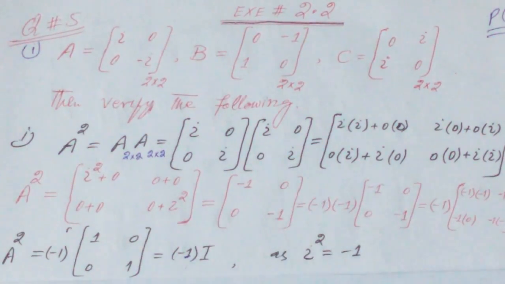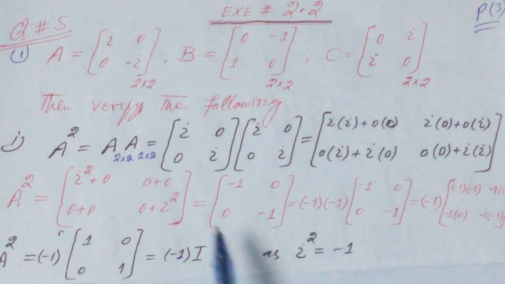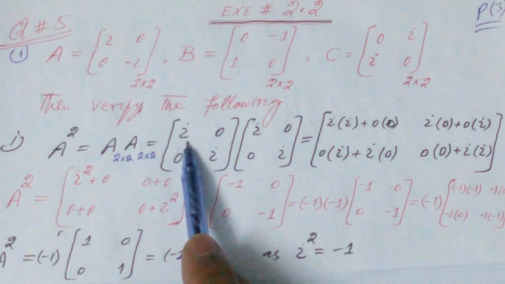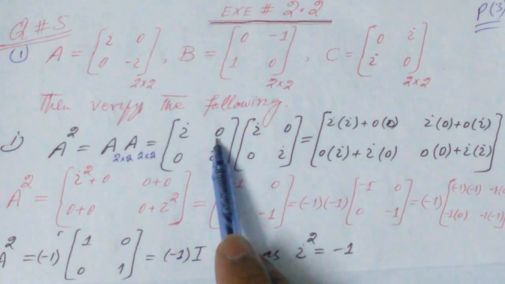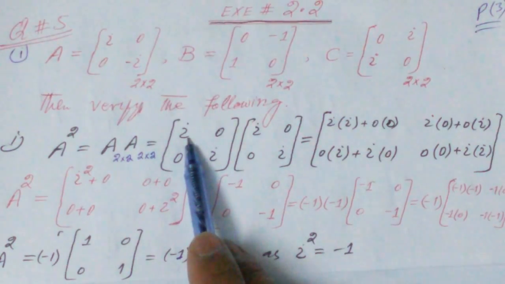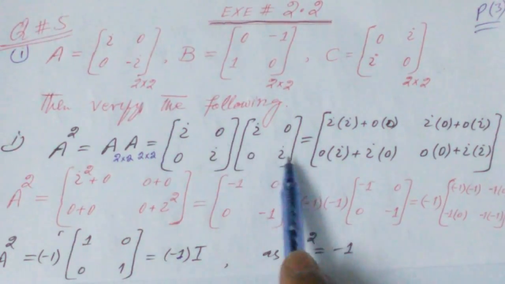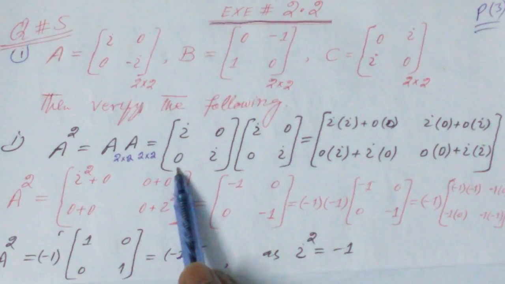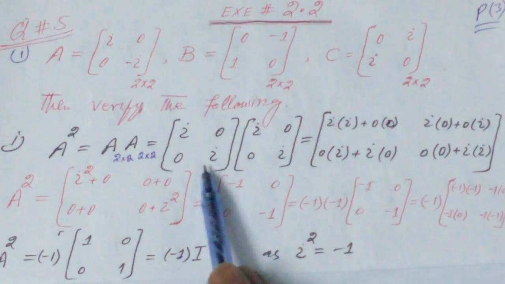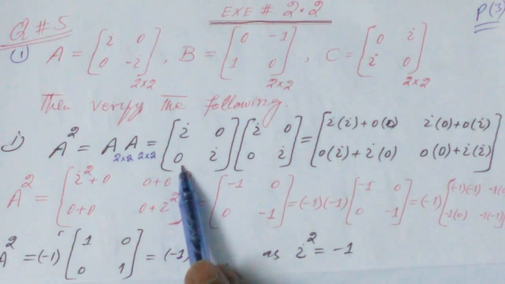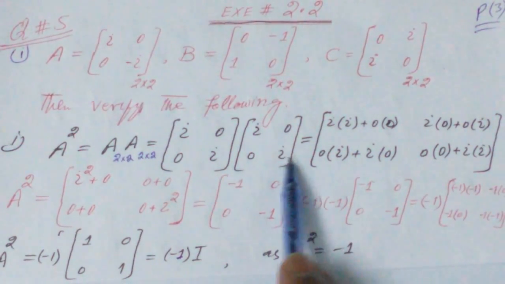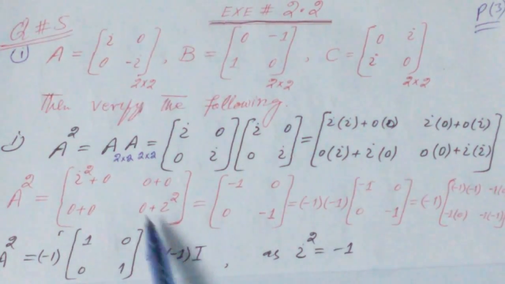The procedure for the multiplication is simple: multiply the first row with first column, iota multiplied by iota plus 0 multiplied by 0, iota multiplied by 0 plus 0 multiplied by iota. Similarly, multiply the second row with first column and second column respectively: 0 multiplied by iota plus iota multiplied by 0, 0 multiplied by 0 plus iota multiplied by iota.